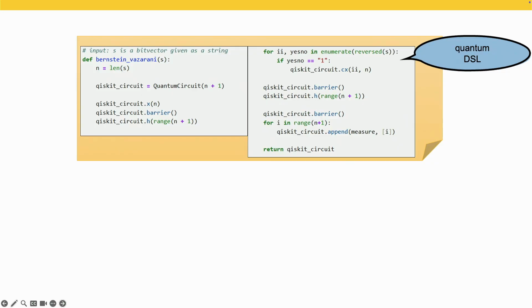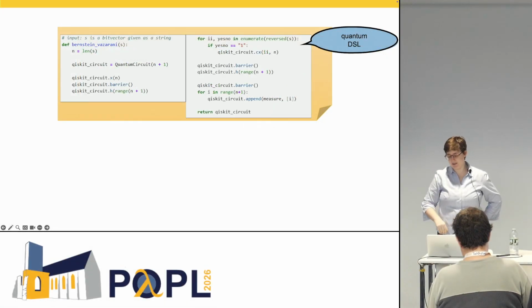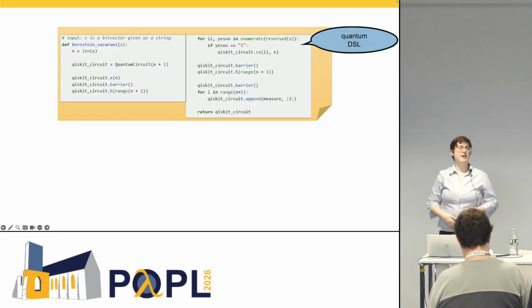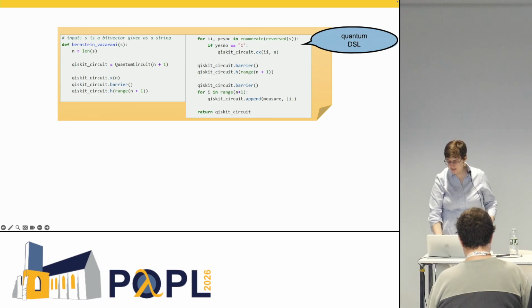Here, which you should not be able to, don't worry about reading, I've written something in Qiskit, which is a quantum computing library embedded in Python. But there's lots of other quantum programming languages that exist and support slightly higher level or slightly lower level features. We had a whole workshop about it yesterday, Planck.